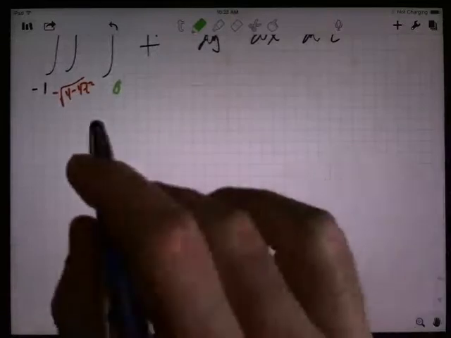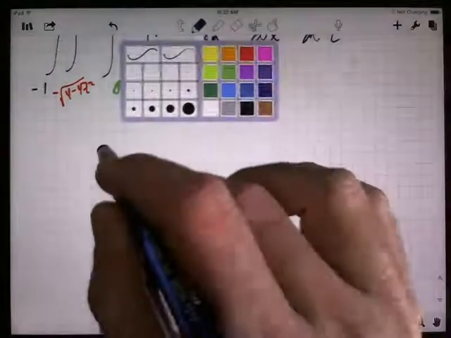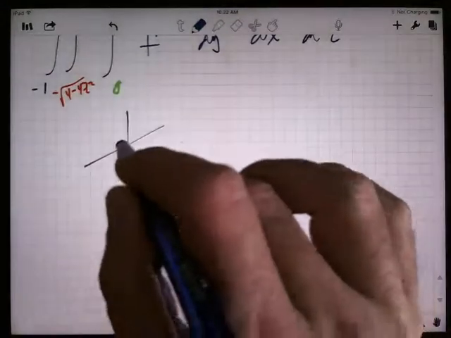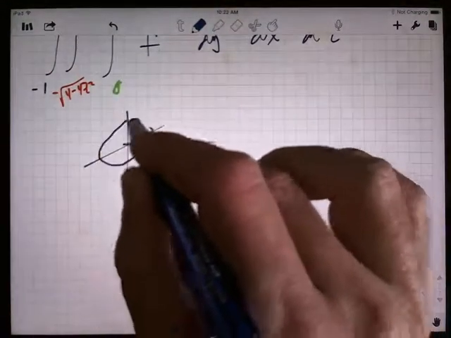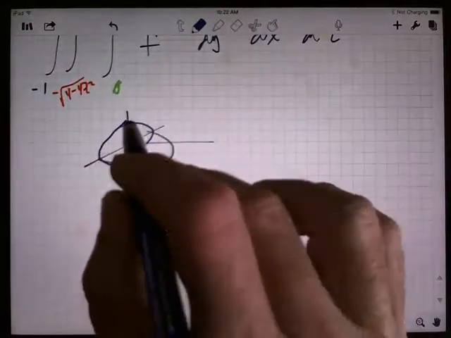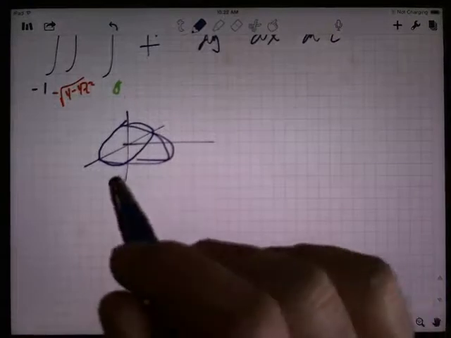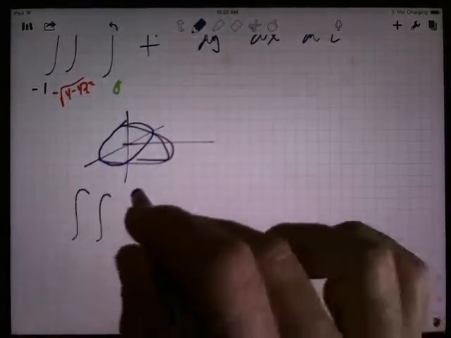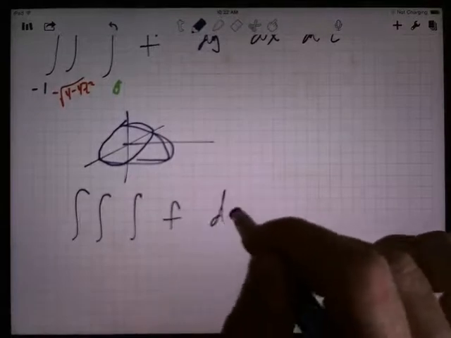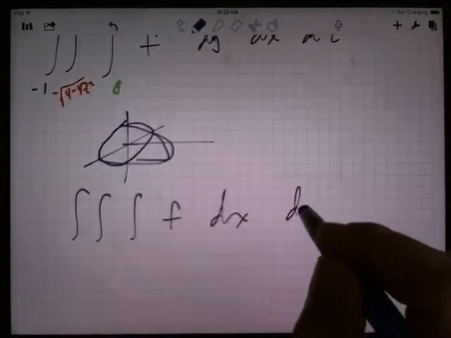So here we go. We're going to draw this picture one more time, if I can. So I've got this ellipse going this way in that direction, and a parabola going this way, and a parabola going down, if that's ugly. This time I'm going to focus on x on the inside, and then dy dz or dz dy.